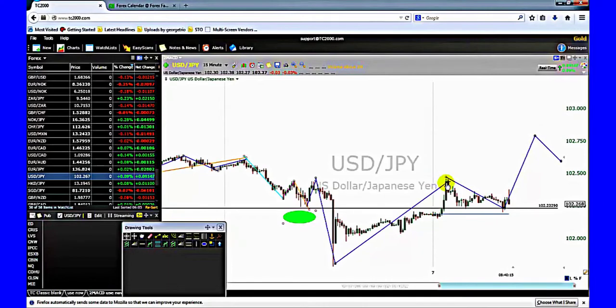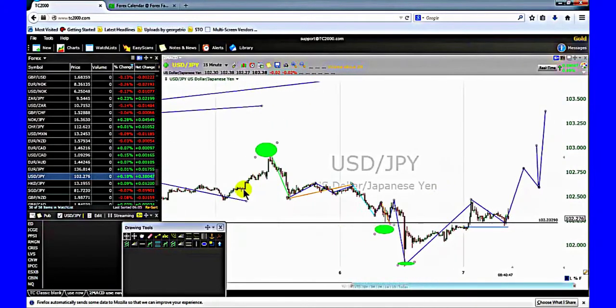Now this move from here, 1, 2, 3, 4, 5. So the move from this point onward, we'll expect it to be in 5 waves, if you agree with my wave count. First wave, second wave, third wave, fourth wave, fifth wave. And then the correction has begun here.